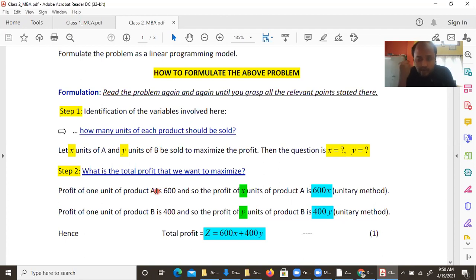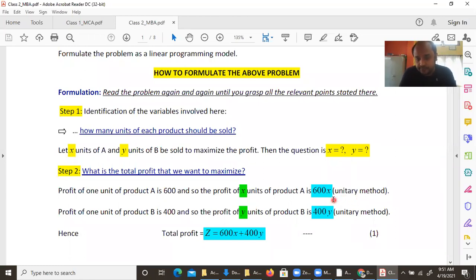Now you apply the unitary method which you learned in school. If profit for 1 unit of product A is 600, and you have assumed X units for product A, the profit involved will be 600 into X.